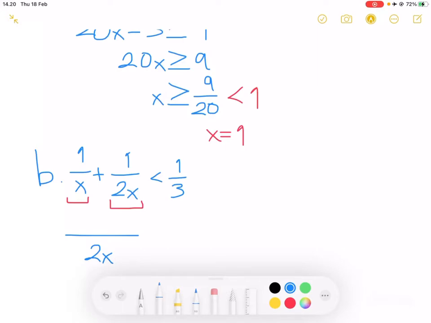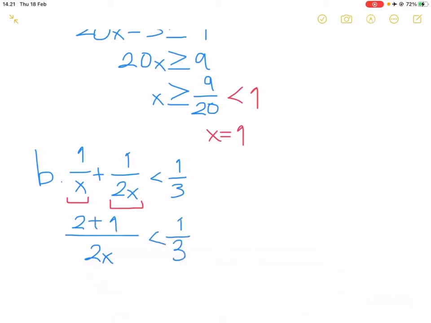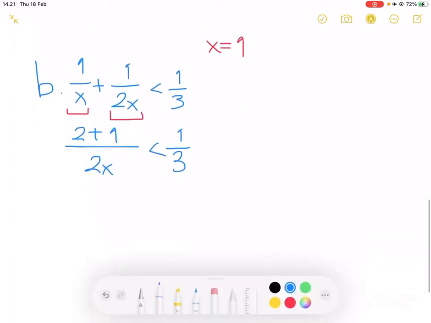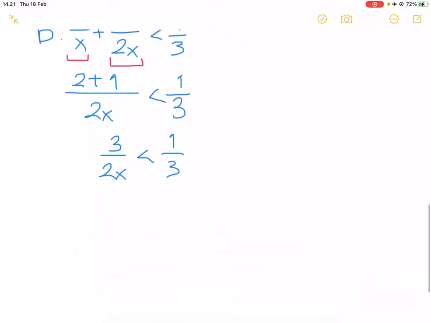And then you can do some work right here. So 1 over x, multiplying by 2 on the numerator and the denominator, will become 2 on the top plus 1. And keep in mind this is less than 1 over 3. Simplifying this, at this point you can just cross multiply.